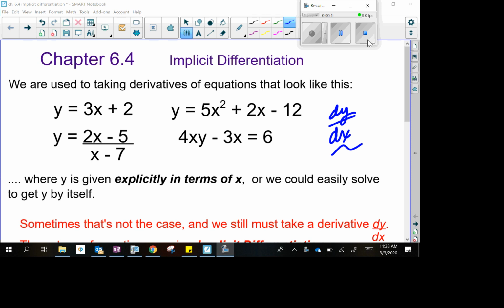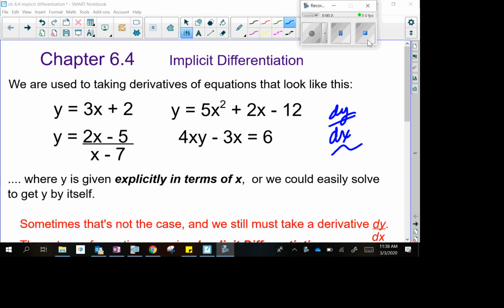All right, awesome. Okay, so to recap a little bit, the second part of chapter 6 is implicit differentiation. Again, all of these equations are ones we know how to take the derivative of, or on this last one, we could solve for y and take the derivative.